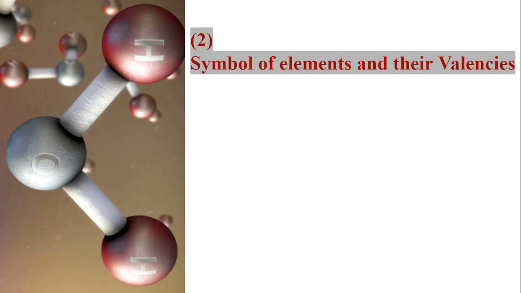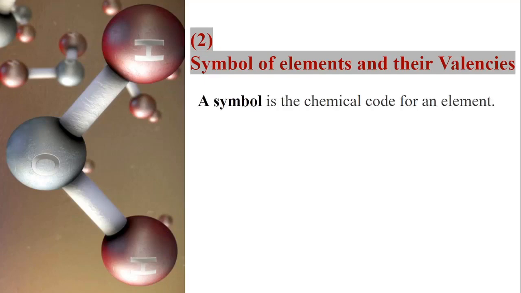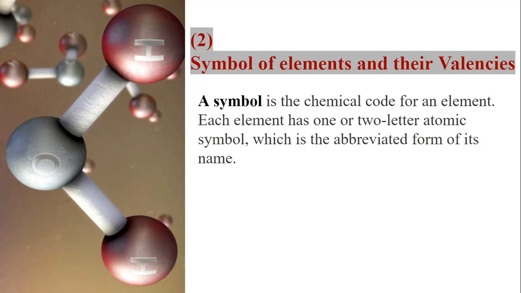So let us see the symbols of elements. A symbol is the chemical code for an element. Each element has a one or two letter atomic symbol, which is the abbreviated form of its name.